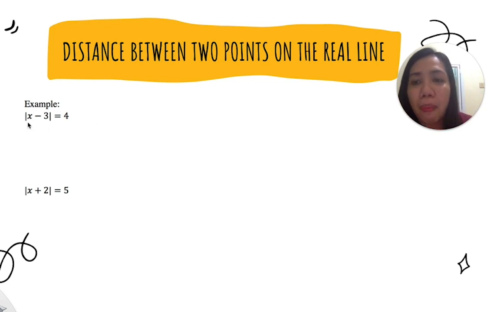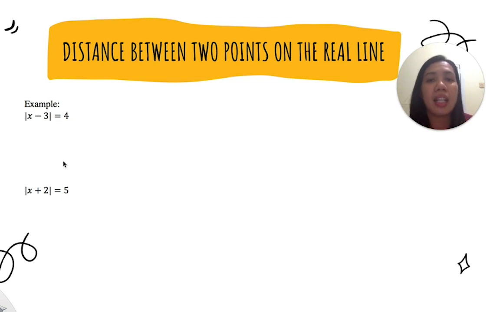The inside part of the absolute value, x minus 3, gives us the information about the distance between x and 3, and here we have 4. It means that the distance between x and 3 is 4. So the next thing, we have to figure out the value of x that satisfies this equation.